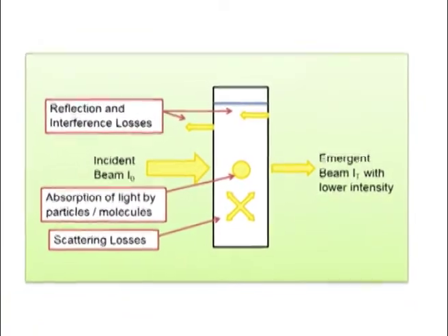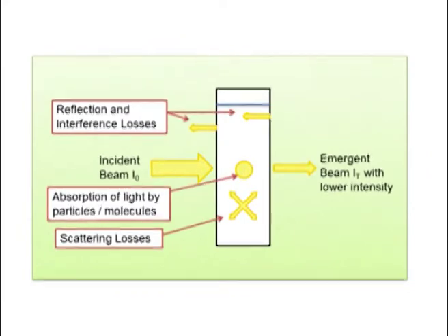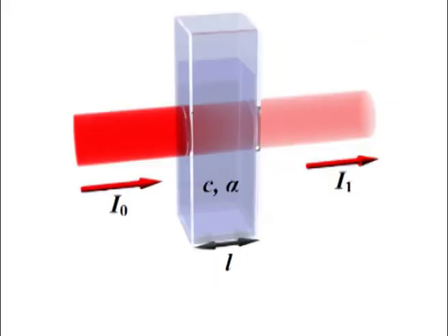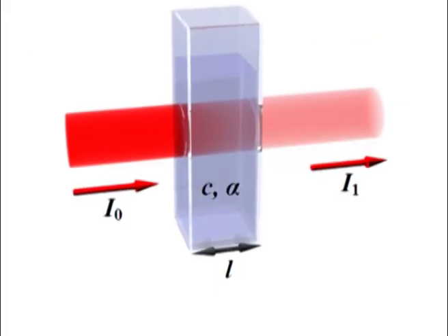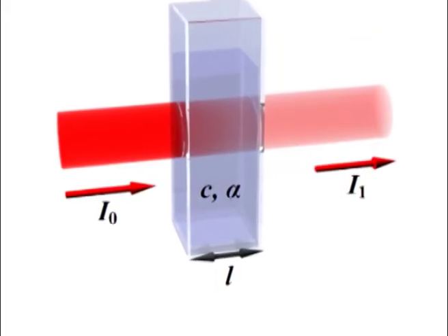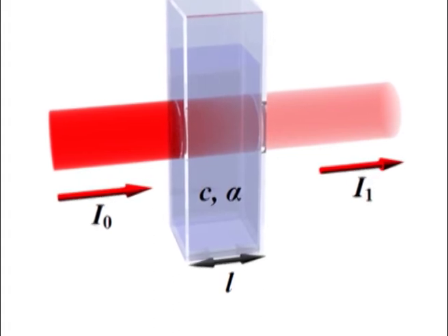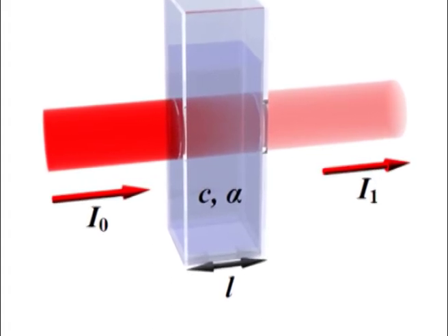The relationship between I and I0 depends on the path length of the absorbing medium, l, and the concentration of the absorbing solution C. These factors are related in the laws of Lambert and Beer. The wavelength and amount of light that a compound absorbs depends on its molecular structure and the concentration of the compound used.